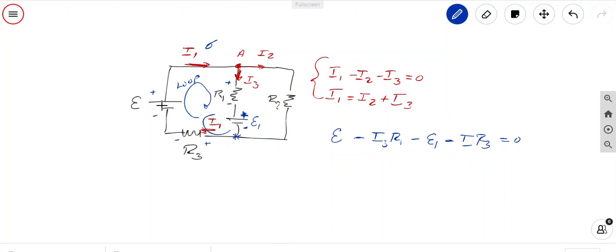So basically in this loop, I have this battery, this resistor, this resistor. I can have a second loop that should be here, and I can have a third loop if I need it, that is going to be all around here without considering this segment of the circuit.